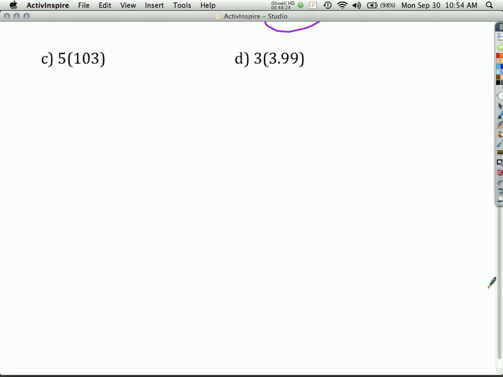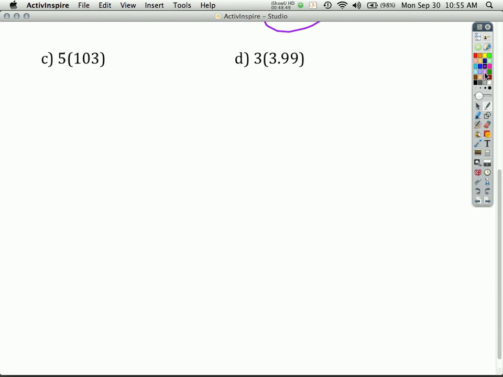Close. It's not 5 times 10. Because even though that looks like a 10, it's not a 10. What is it really? That's right. So it's really 5 times 100 and then 5 times 3. That's how you do that. 5 times 100 and then 5 times 3. And guess what? That's actually distributive property.